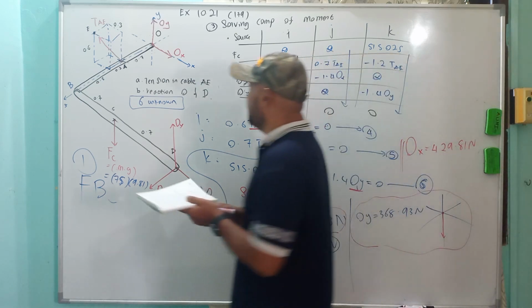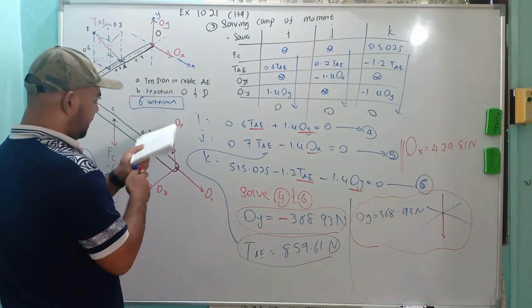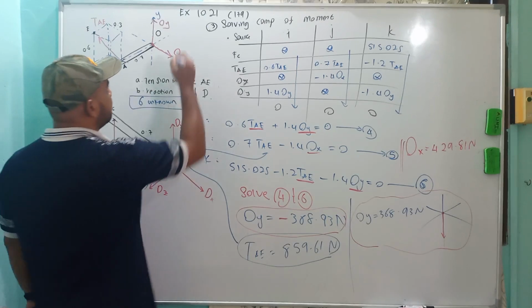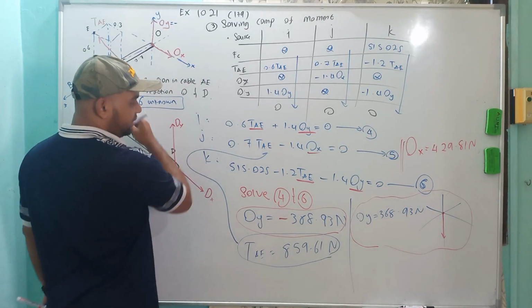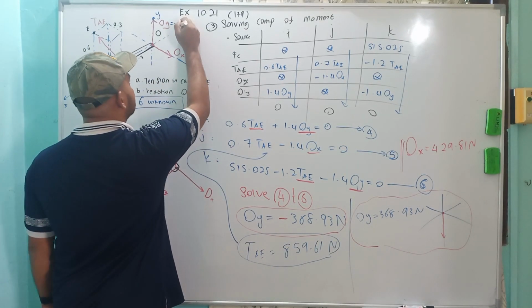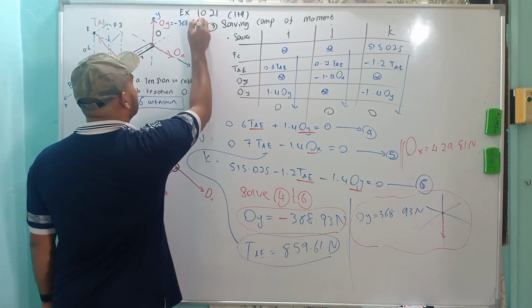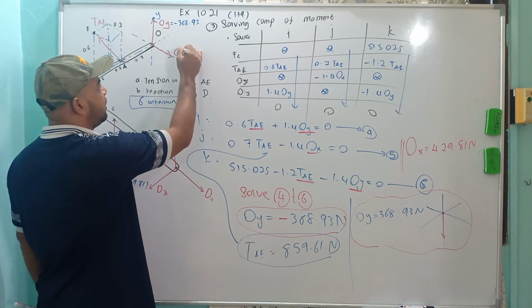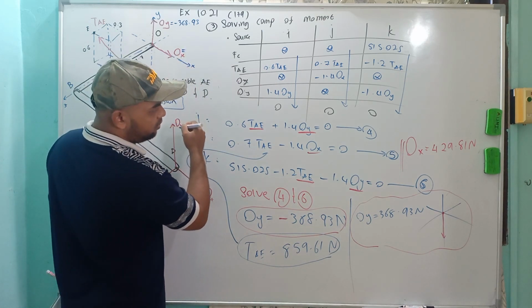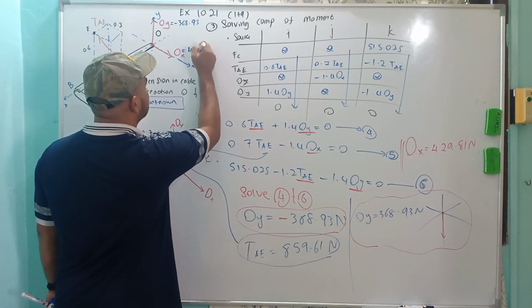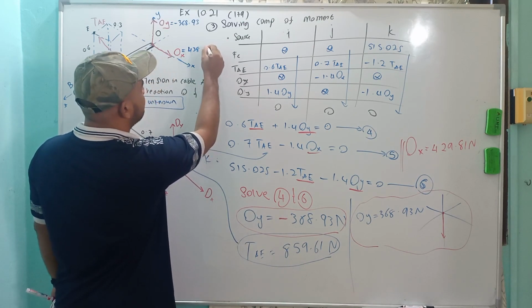Okay, so let me put it here. So now, in your calculation, OY here is negative 368.93, which is going downward. OX is 428.81.